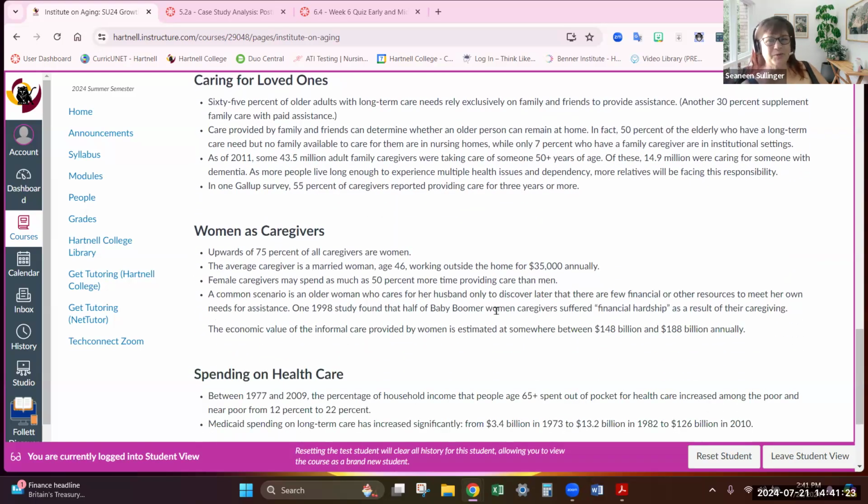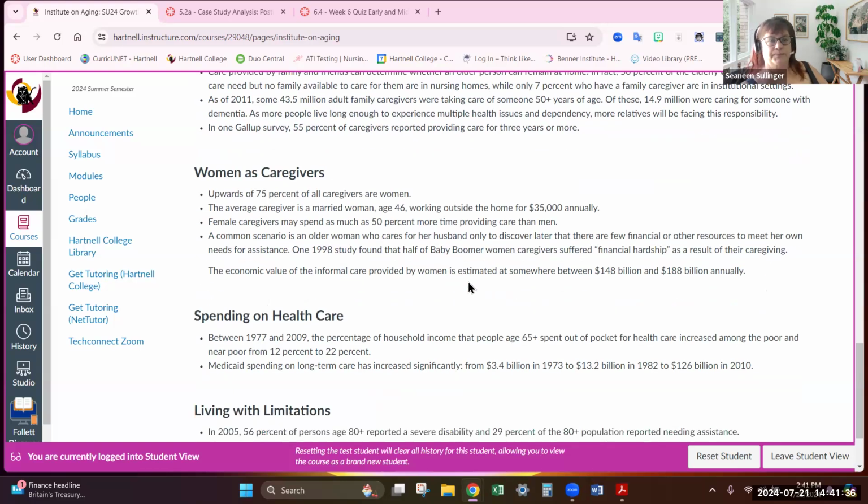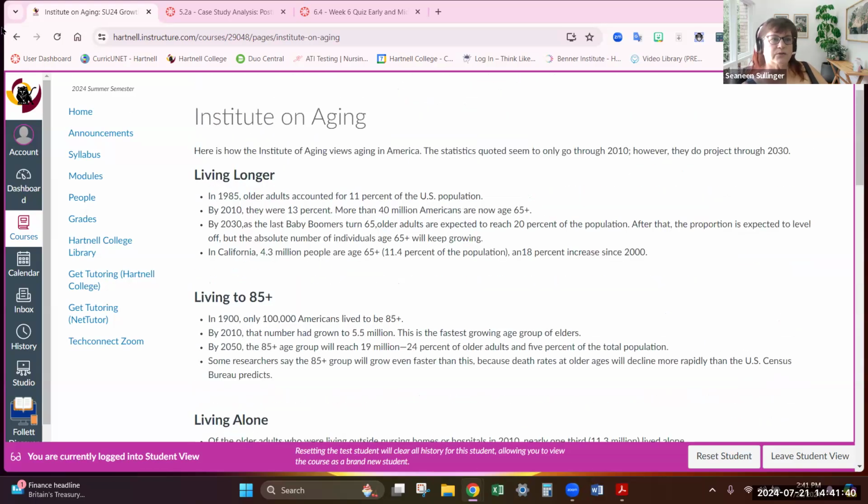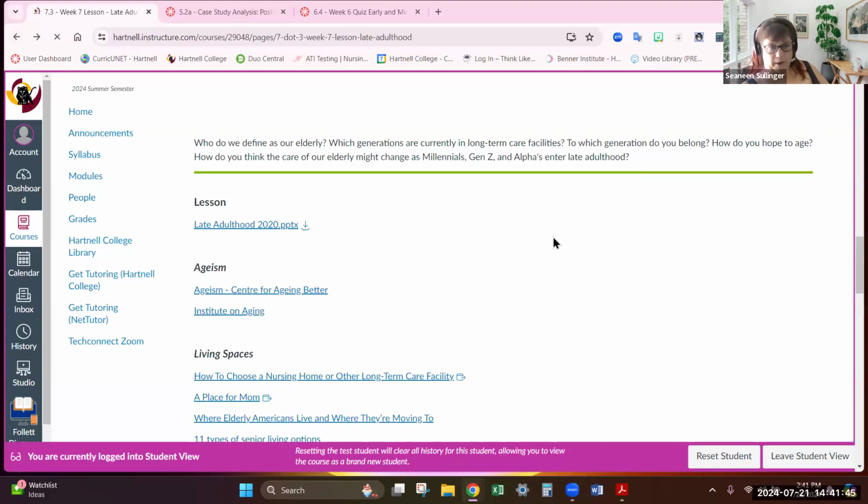And especially if you're a healthcare professional, doesn't everybody turn to you when they have a splinter or a problem? So being a healthcare provider as well, you might end up being the caregiver. And so I just thought, again, those were more statistics that you could look at if you haven't really thought about the elderly population.